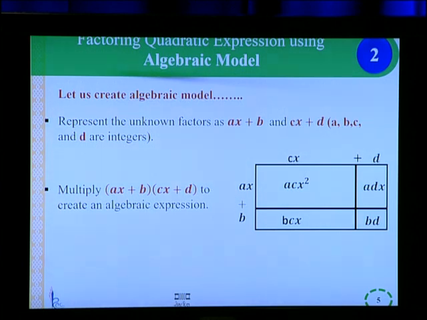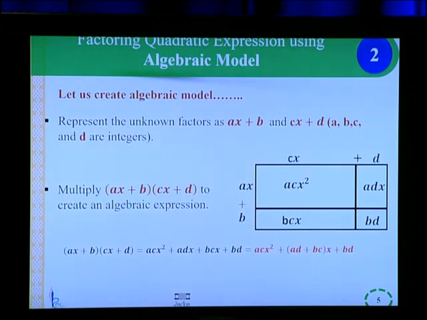So, after multiplying the dimensions and taking out the common term x, our algebraic model would be AC x square plus AD plus BC, the whole times x, plus BD. So, we are going to use this algebraic model to find the factors of a quadratic equation.